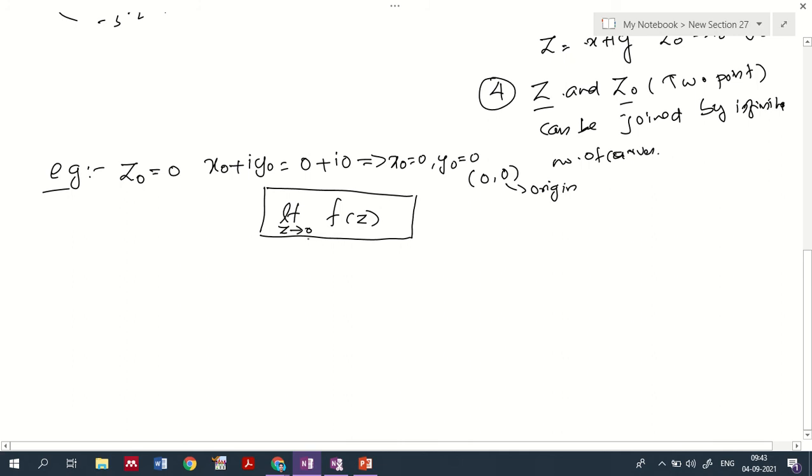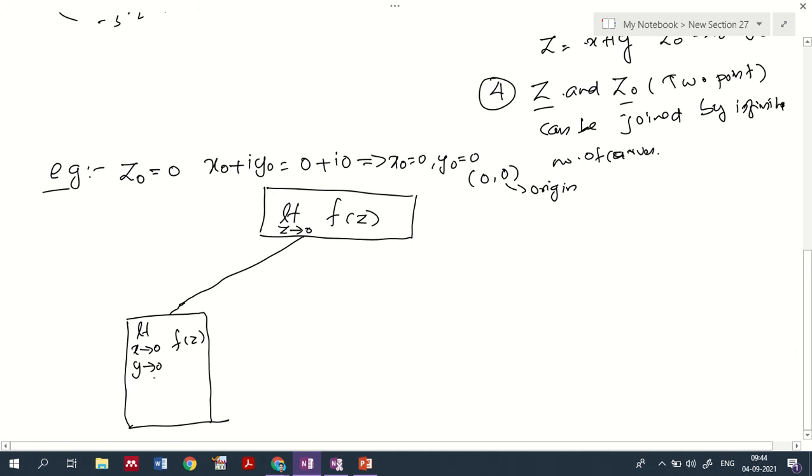Okay, so let me consider this case in a different fashion. I'll first treat it with a function. Let me draw another box here. In that I'll represent limit x tends to 0 and y tends to 0, that is f of z.